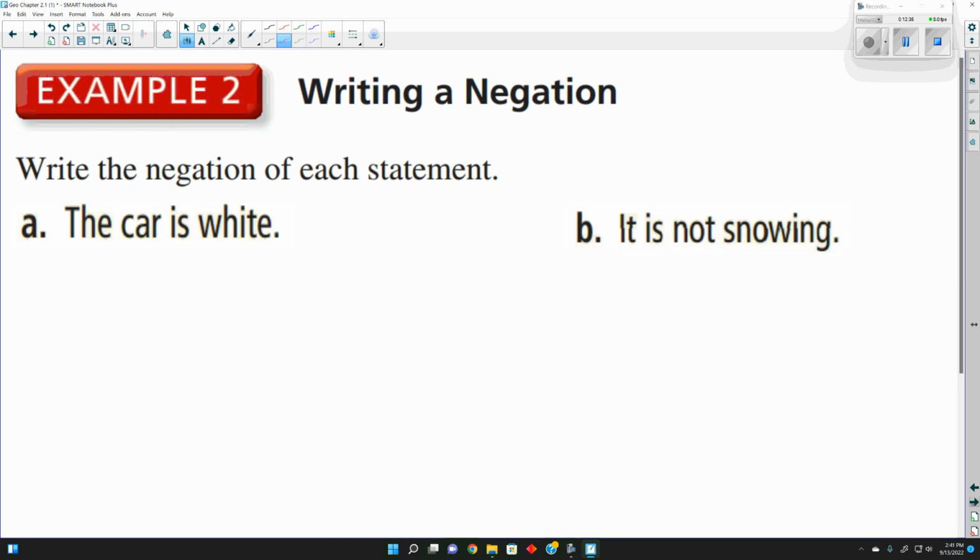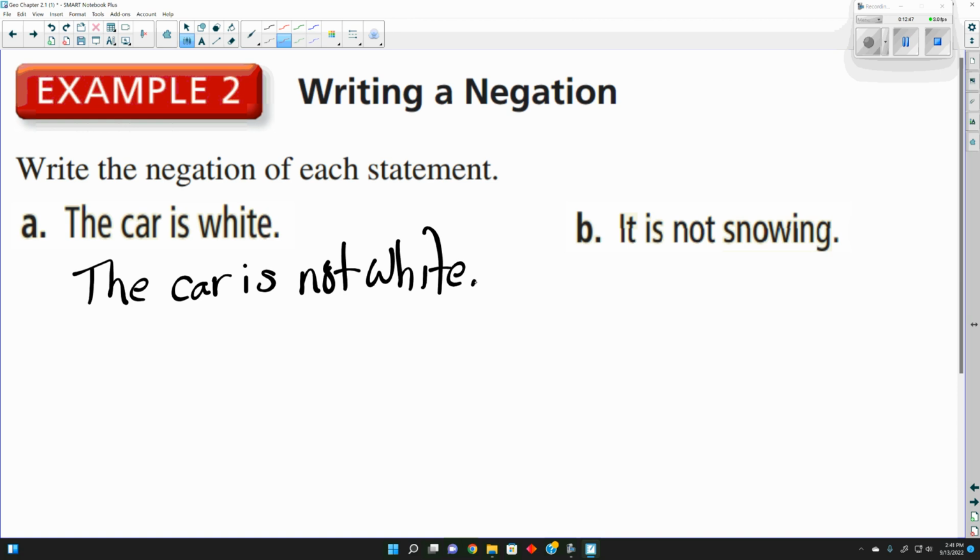The car is not white. Almost. The car is not white. It is snow. What about the ball is red?